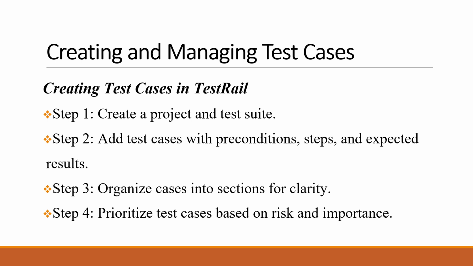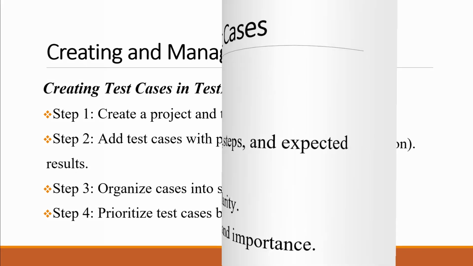Group test cases into sections based on functionality, features, or modules to maintain clarity. Prioritize test cases based on risk, criticality, or business impact so teams know where to focus their efforts during execution. This systematic approach ensures that test cases are easy to manage, reusable, and aligned with project goals.